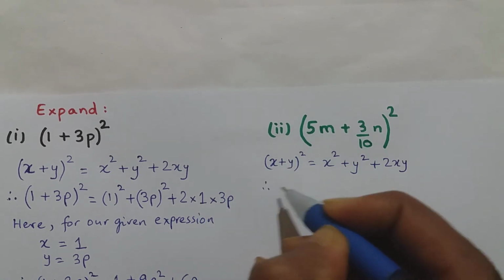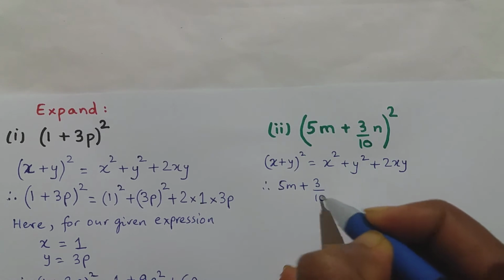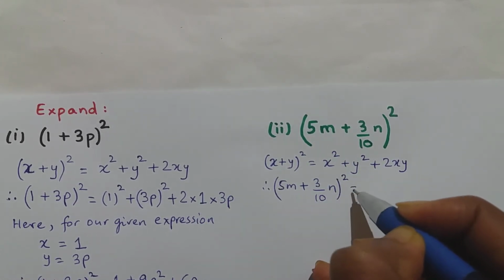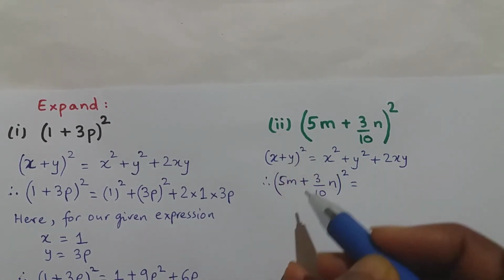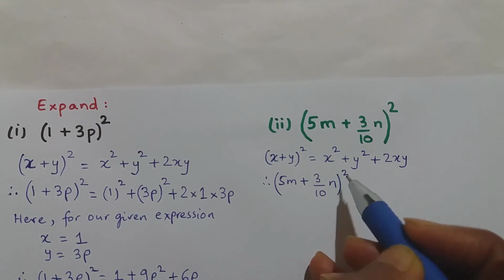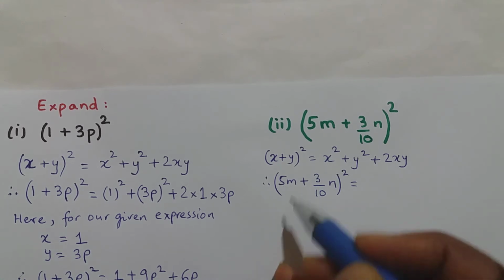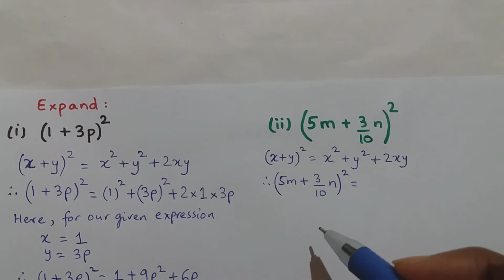So 5m plus 3 by 10 n whole square. If I compare x plus y whole square with this expression, I get x as 5m and y as 3 by 10 n.